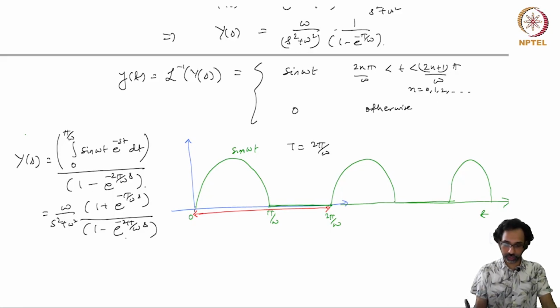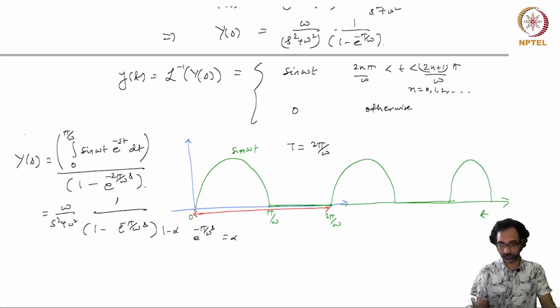So here if you take e to the power minus pi by omega s as alpha, this is 1 plus alpha and this is 1 minus alpha square. So one factor can cancel out and you will get 1 minus alpha in the denominator, which is simply 1 minus e to the power minus pi by omega s.